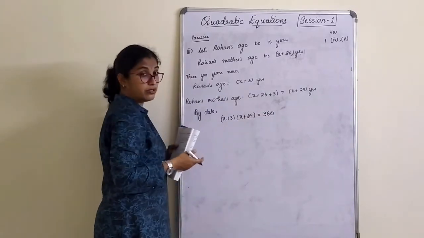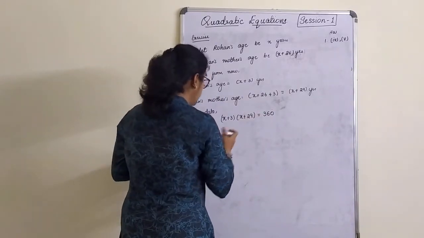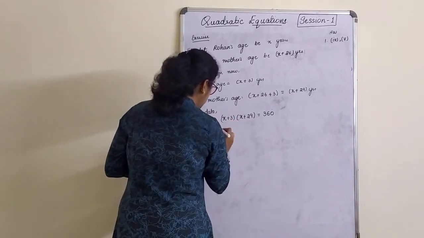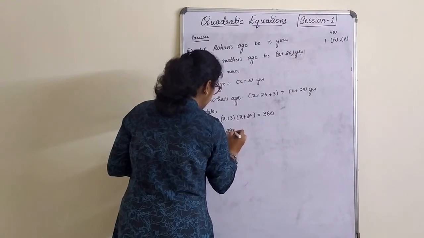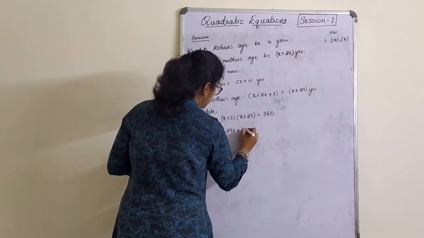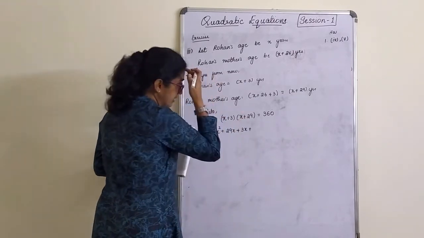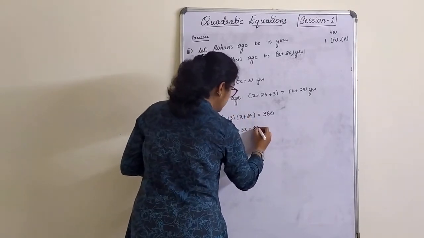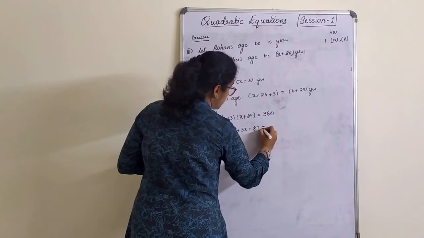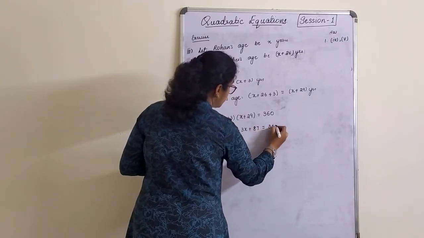This is not an equation. We need to frame it. So let's do that. x into x, x square, x into 29 plus 29x plus 3x, 29 3s are 9, 3 9s are 27, 6, so this is 87 is equal to 360.